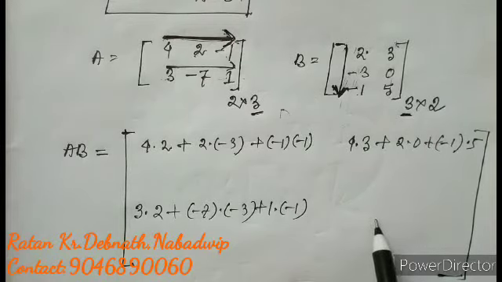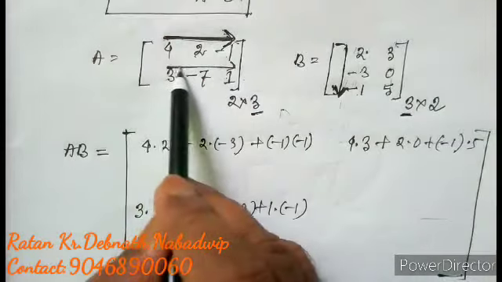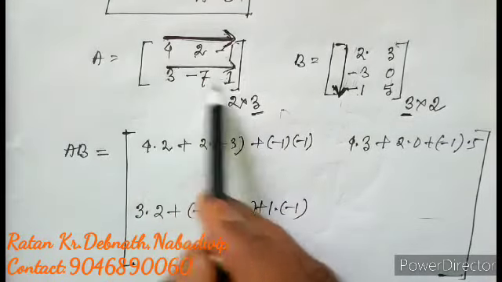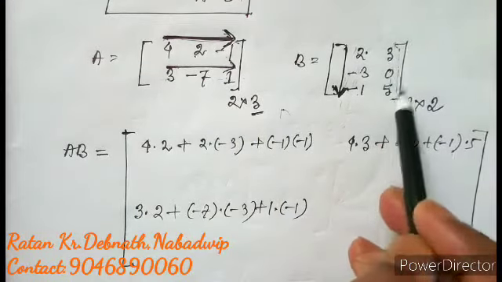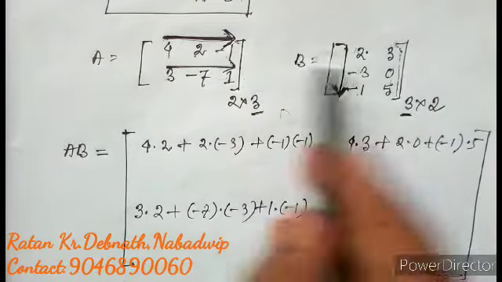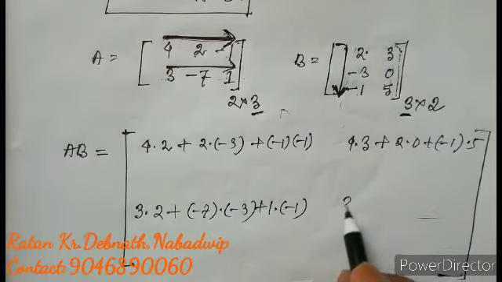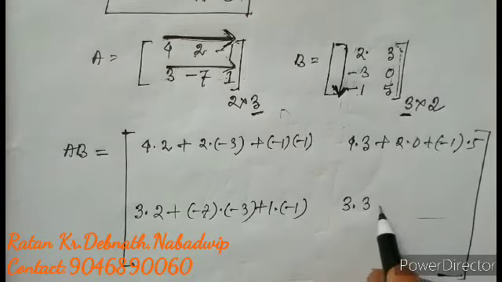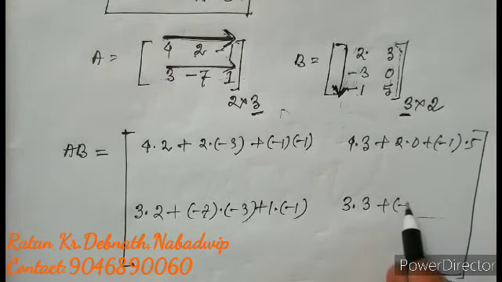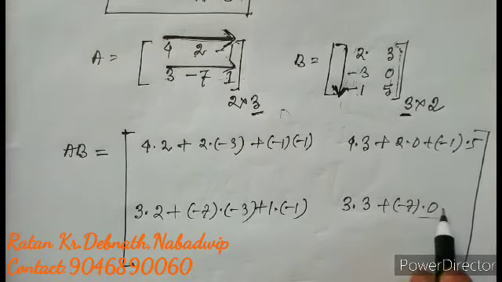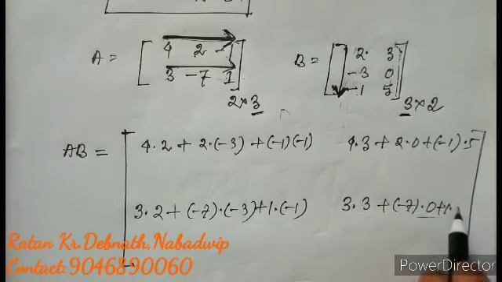And for the second element of the second row, this row falls on this column like this. So 3 into 3 plus minus 7 into 0 plus 1 into 5.